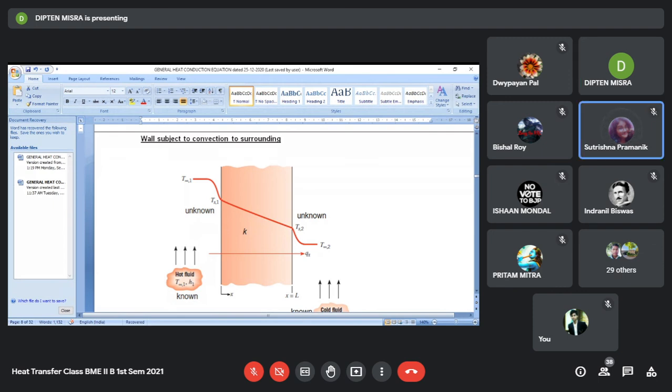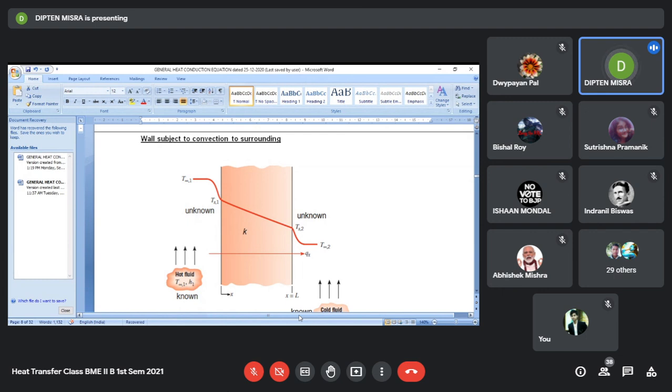Sir, in the previous class, you had mentioned that calculation of H for convection becomes a hectic job. So why are we using H here? If you know it, then you use it. Otherwise, your job will be to create the value of H. You are not here just to calculate this. Your intention will be to know the value of H for situations for which the values of H are not known.